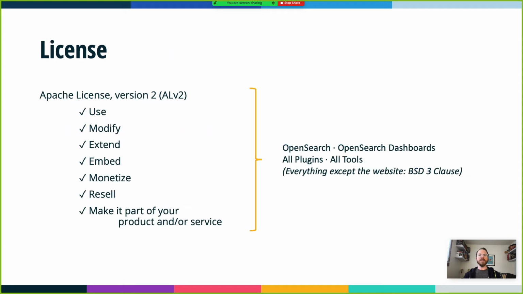So moving forward to the license, I've touched on this a little bit, but the entire project is licensed under the Apache License version 2, ALv2 as we like to call it. And it gives you these well-understood ways to use it. So you can use, modify, extend, embed, resell, and make it part of your own product or service.